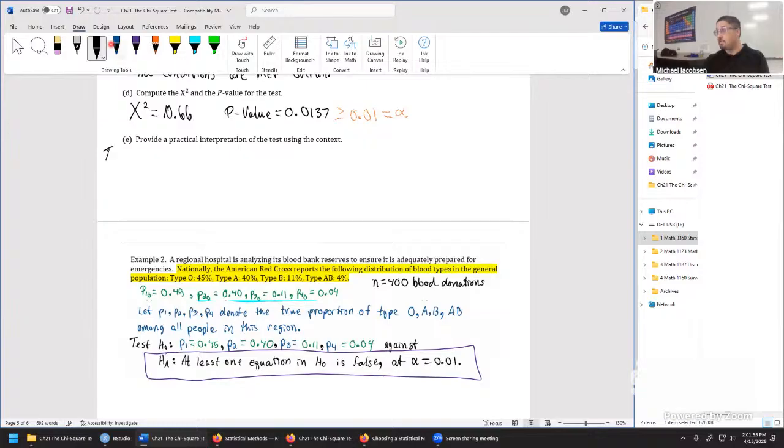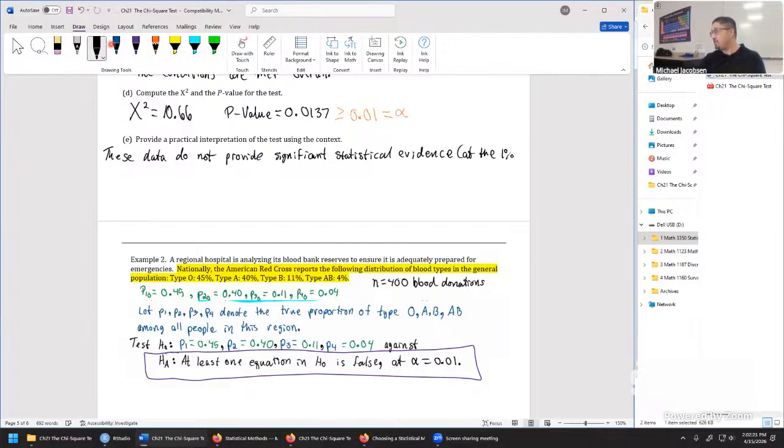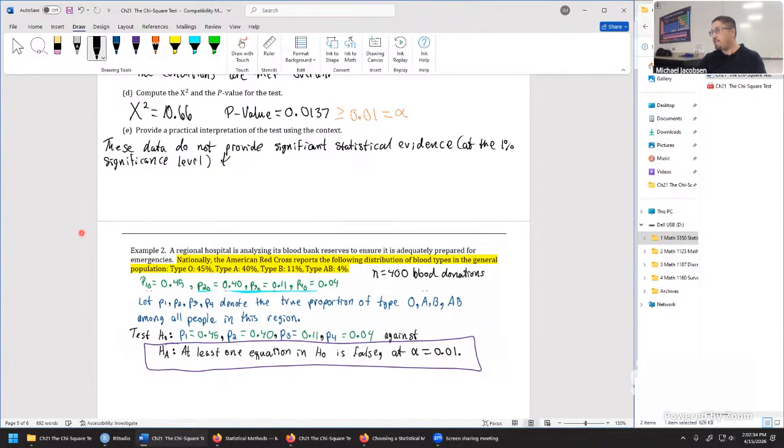So let's write this out. These data do not provide significant statistical evidence at the 1% significance level that... Then we come back here, at least one equation in H naught is false, but we can't say that.